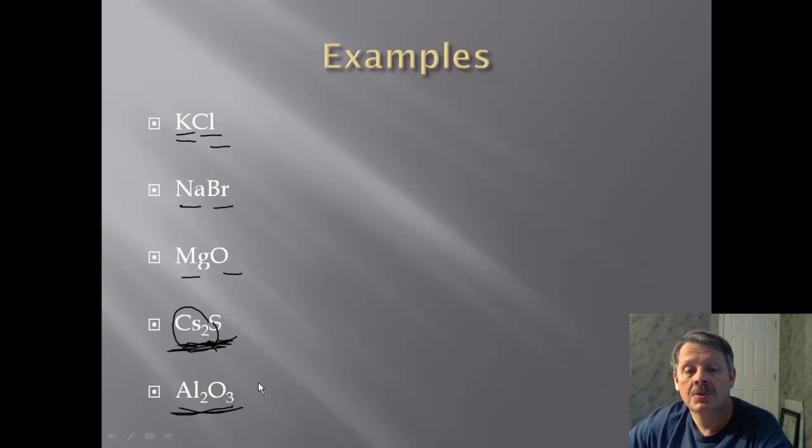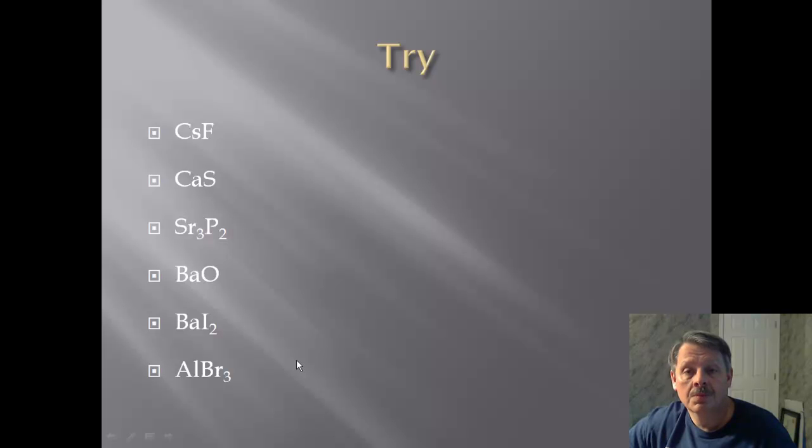So when you're naming something, it's just the metal first and then the nonmetal, and the nonmetal is going to end in IDE because it's on the periodic table. All right, pause the video again, see if you can do these. Okay, you should be able to just do this, and these should be getting second nature.